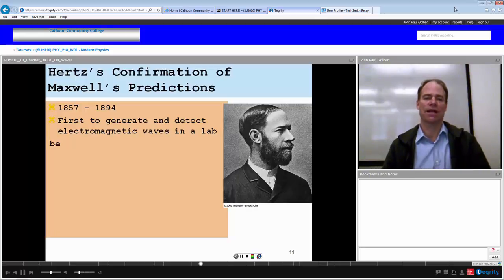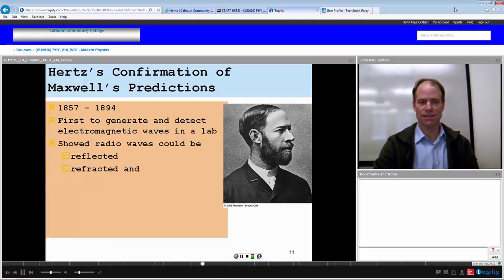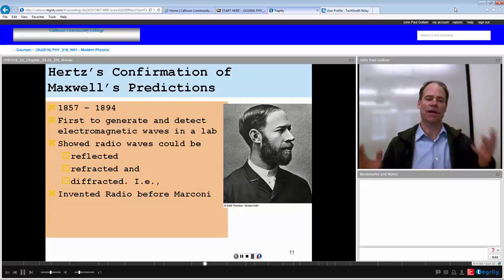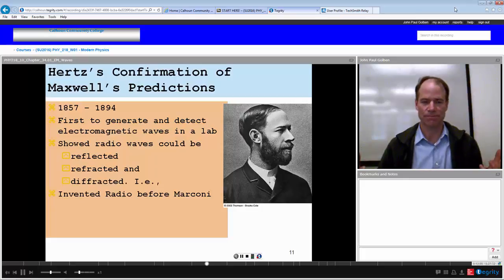First to generate and detect electromagnetic waves in the lab, he showed that radio waves could be reflected, refracted, and diffracted just like light. In essence, he was showing that radio waves were the same nature as light, and that electromagnetic waves and light were the same thing.